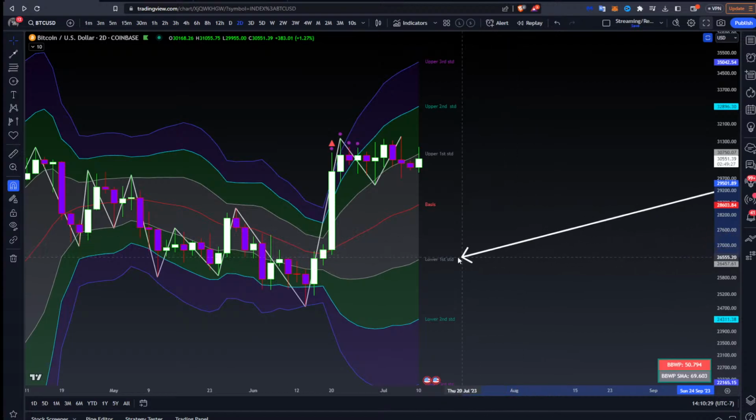I wouldn't want to see price run there if we did see a downside expansion, but if price bounced there, that would be a pretty deep expansion to the downside on the daily. And that's the area that I would be looking for on the daily 2-day.